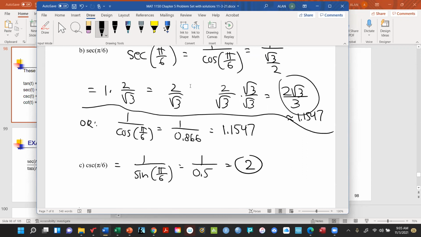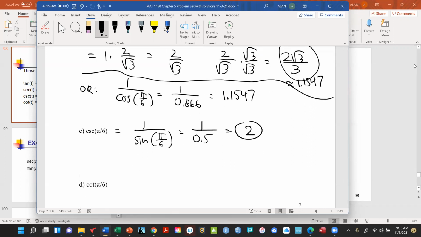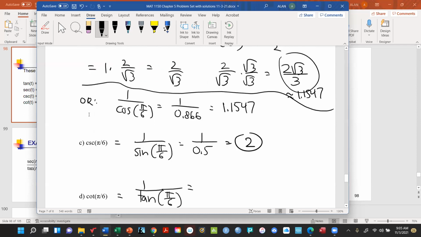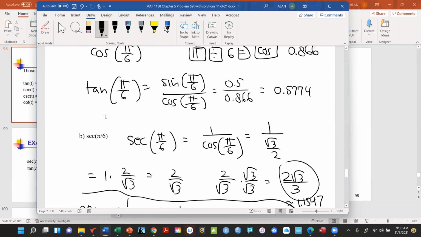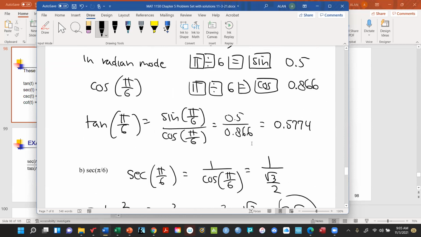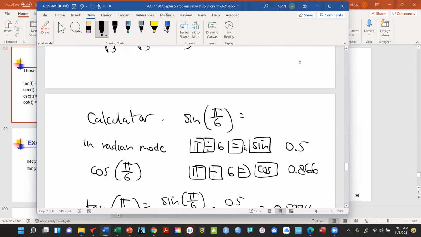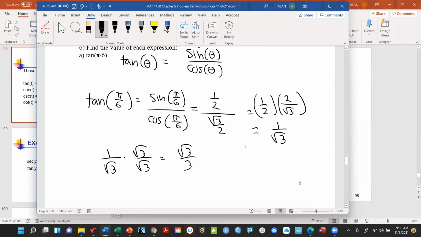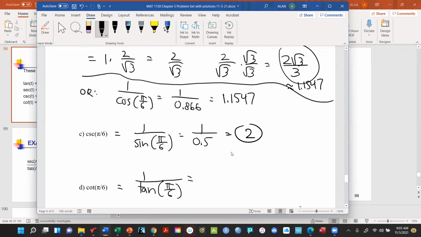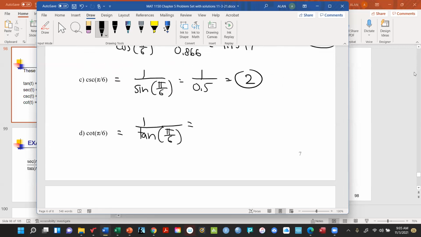All right, and then finally the cotangent, which as you just saw is 1 over the tangent. And up here, we figured out that the tangent is 0.5774. Or what we could do is just use radical 3 over 3. That's probably what we should do, radical 3 over 3.